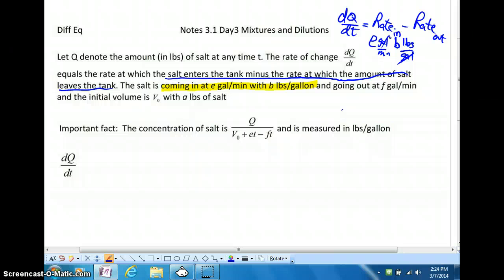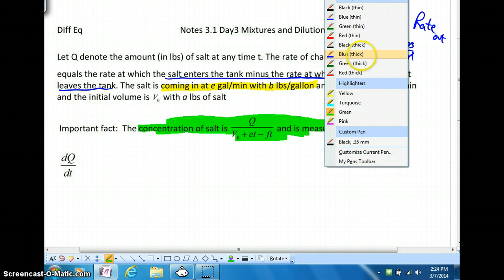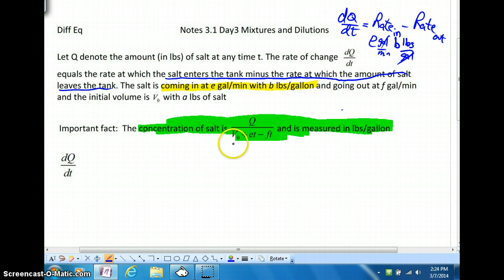Now, coming out gets to be more complicated. You see, coming out, we know that the flow coming out would be F gallons per minute. But the concentration in terms of how many pounds of salt per gallon is really going to be tied into this sentence right here. The concentration of salt in pounds per gallon in the tank is Q, how many pounds of salt you have, over V naught plus Et minus Ft. V naught is your initial volume.